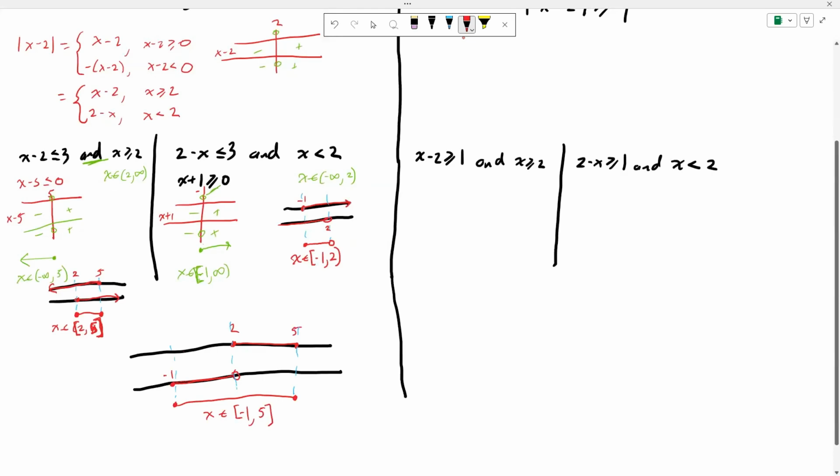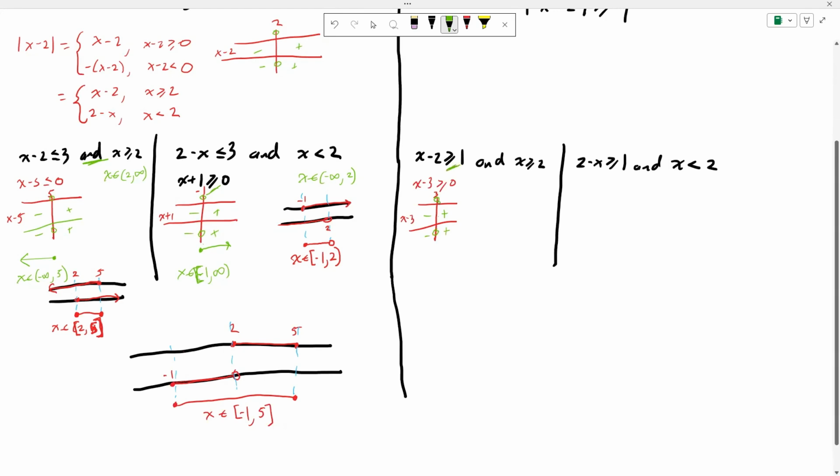Now over on this side, we have a similar process. We can't use the sign charts that we created over here, but we're going to do something similar. So we have our x -3 greater than or equal to 0. We create our split point at 3, x -3, being positive, negative, or 0 at 3, positive, 0, negative.